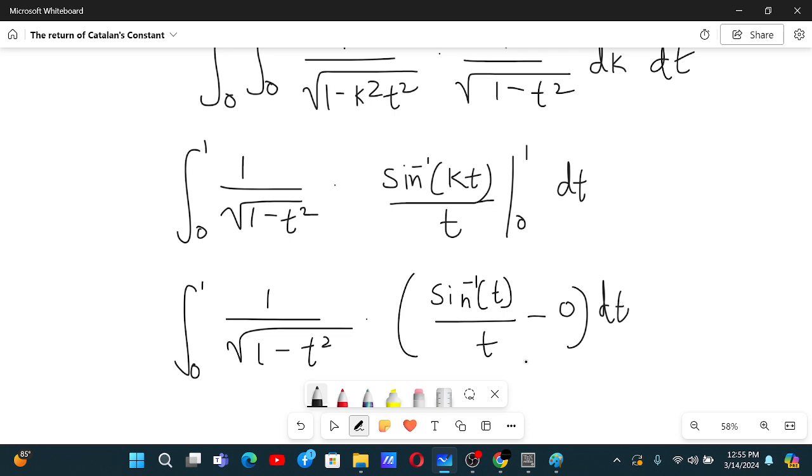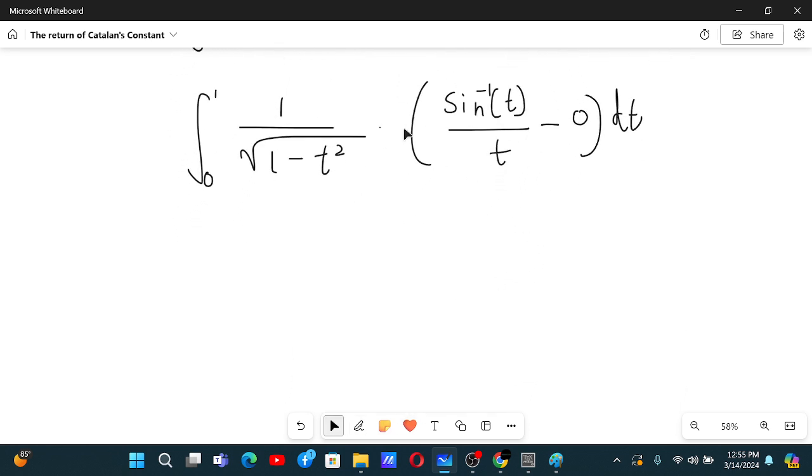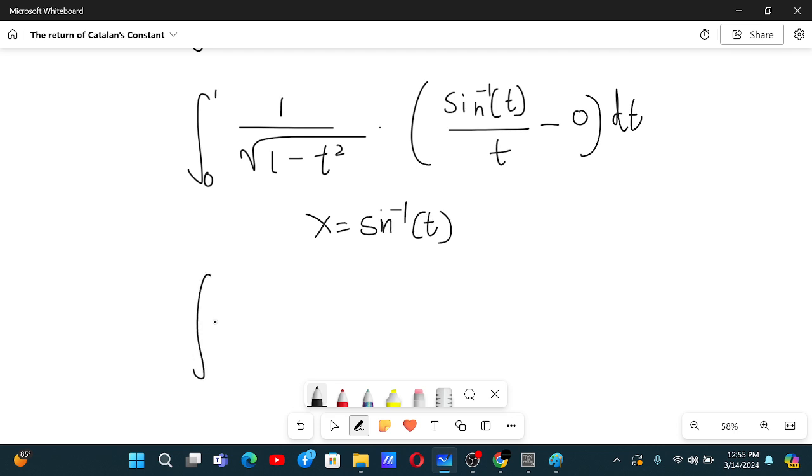dt. Now how would you simplify this thing? Since there is the derivative of sin inverse t over here, a good way is substituting x equals sin inverse t, so that this will go to dt. And if we do this, we will have the integral from 0 to pi by 2.